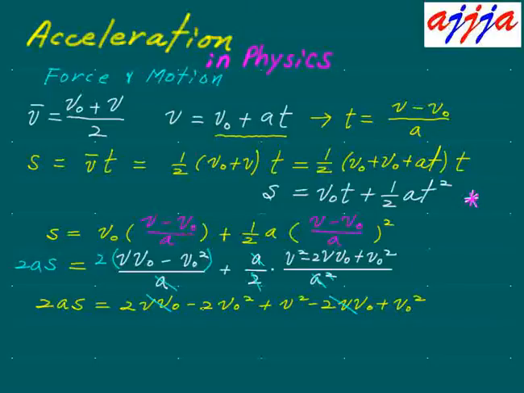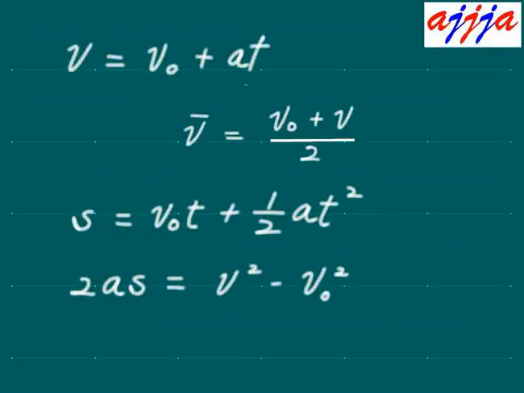Now look at this one: v0 squared, and this one is a negative 2v0 squared. So you can reduce, and actually we have left a negative v0 squared. That's it. That means we can rewrite this one just like this: 2as equals, putting this one first, v squared minus v0 squared.